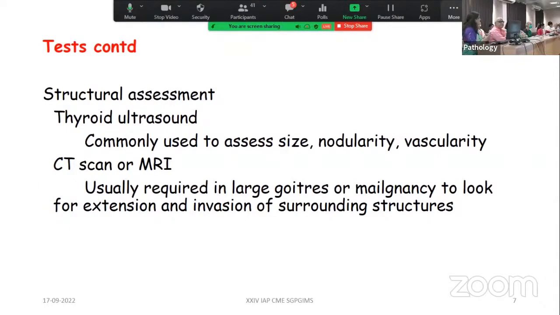Now a thyroid clinic is not complete if the thyroid physician doesn't do an ultrasound. Gradually people are learning to do ultrasounds in their own clinic so that a complete assessment of thyroid dysfunction can be done, the disease can be interpreted and treatment can be given. So I will concentrate only on the biochemical tests of thyroid hormones.